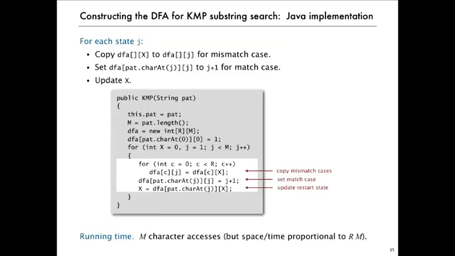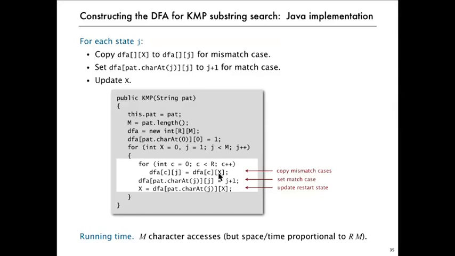Implementation for the DFA construction for Knuth-Morris-Pratt requires remarkably little code. So it just goes through what we did in the demo. We've got X, and for every entry of the DFA in X's column that corresponds to everyone except for the match, we just copy X's column to J's column.